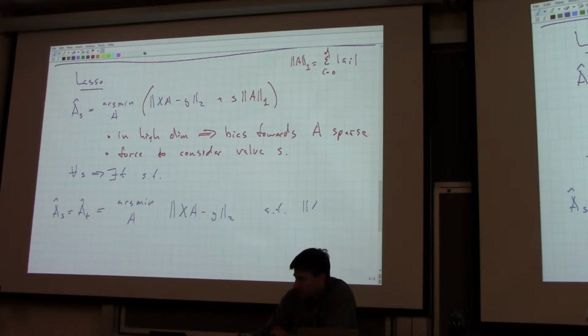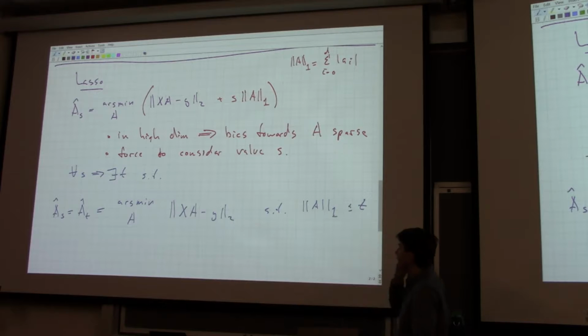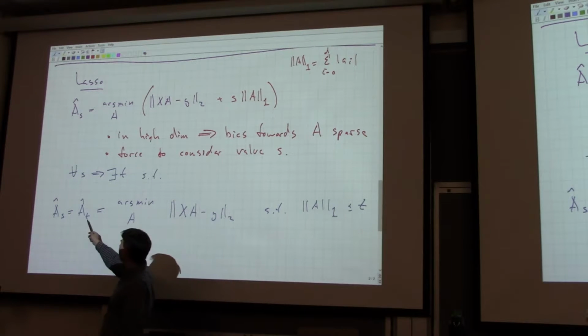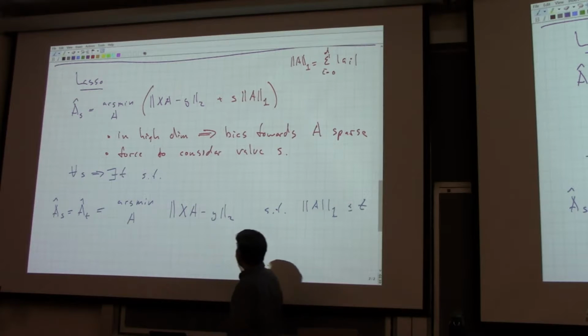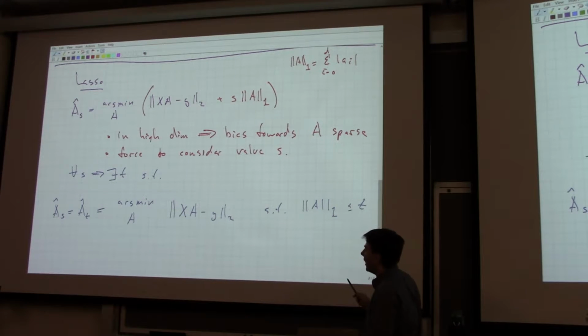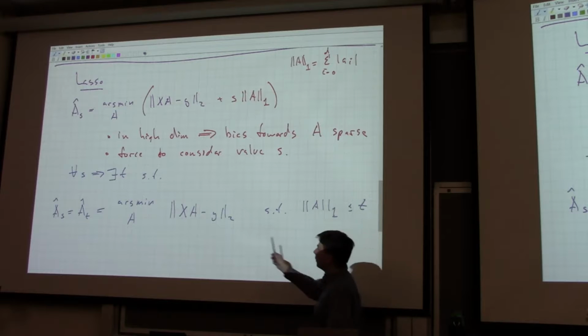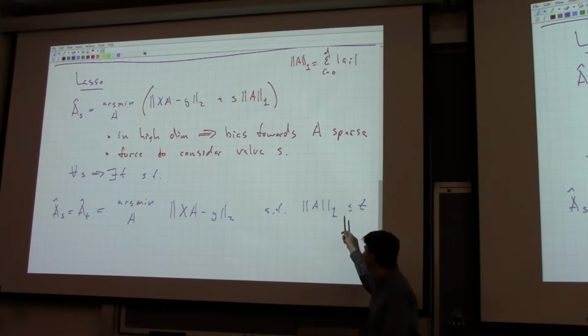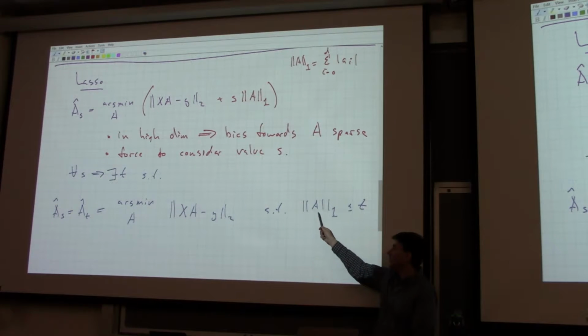So I can say for every value s, there's going to exist a value t such that the solution a hat t is going to be the one that minimizes the sum of the squares subject to, or such that, the one norm of the vector A is bounded less than t.